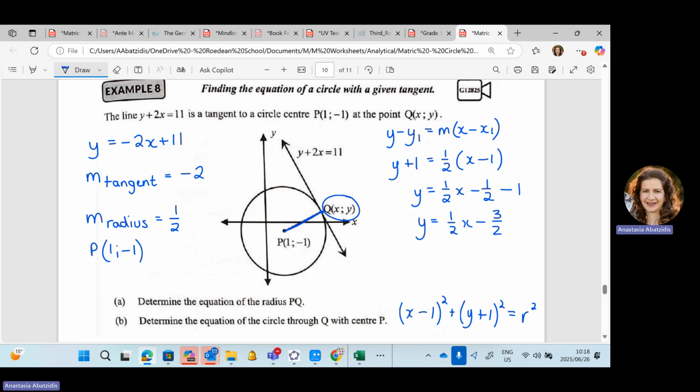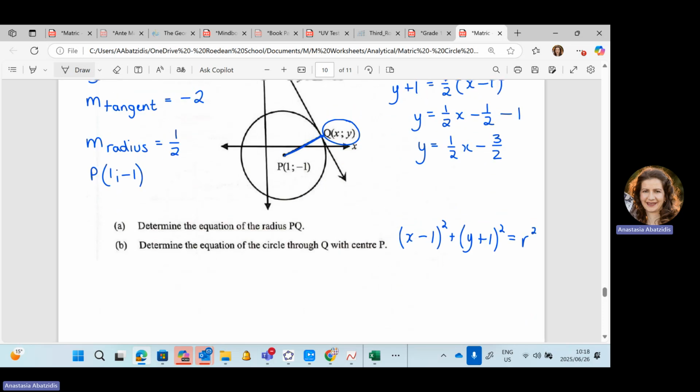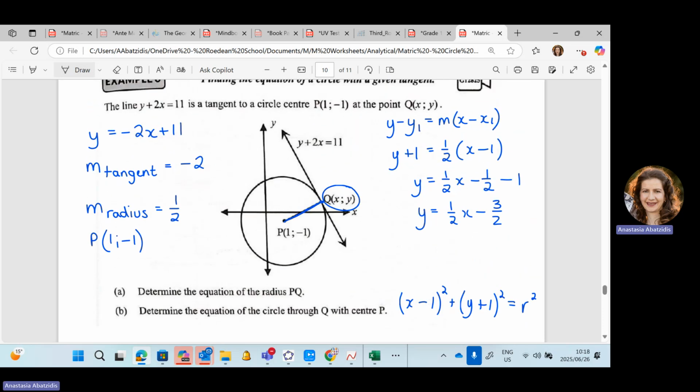You've got the equation of the tangent. You've got the equation of the radius. How do we find a point of intersection of two graphs? We make them equal to each other. Yes. Okay. So what are the two equations?